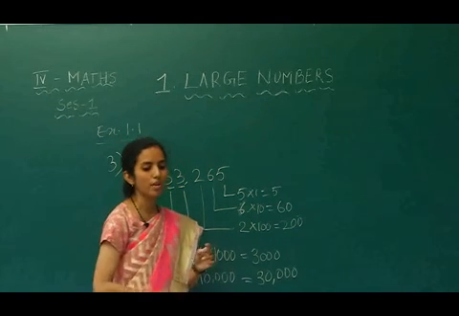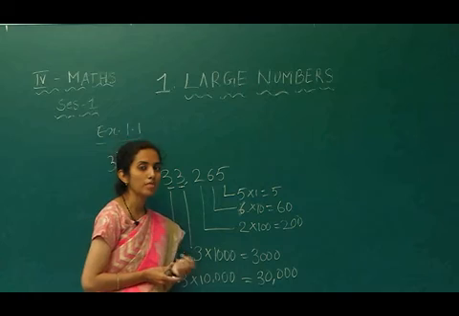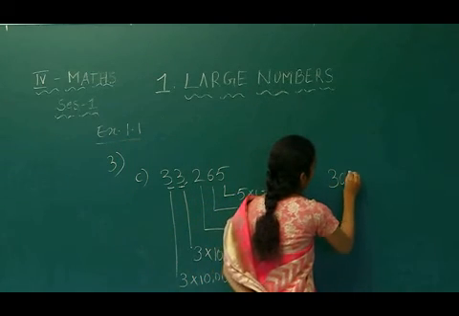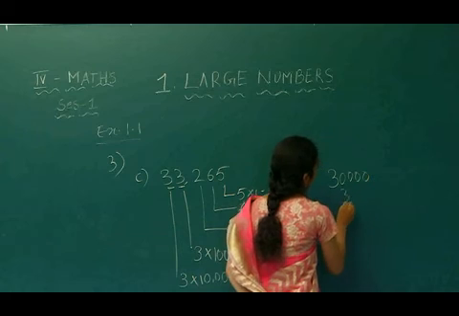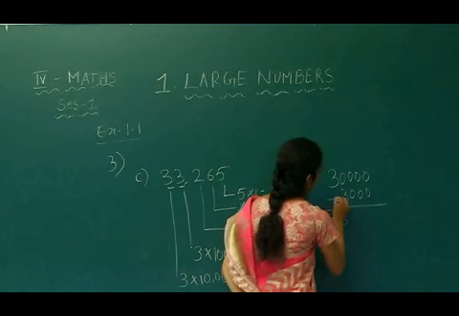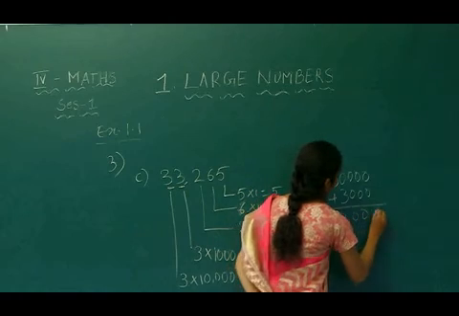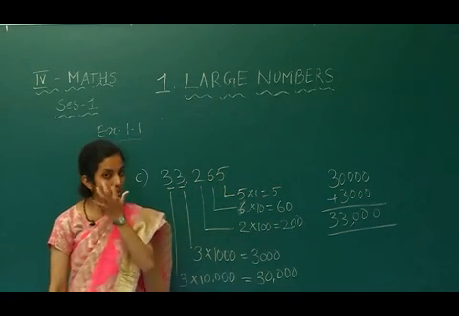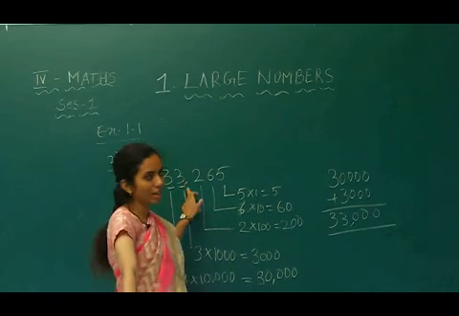Sum of the place values. What is the sum of the place values? Add those two values, that is 30,000 and 3,000. That is 33,000. 33,000 is the place value sum of the two threes here.